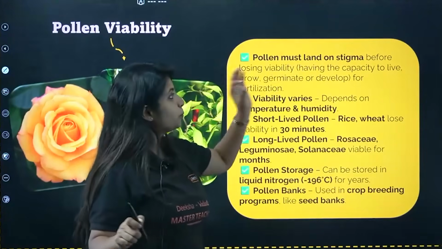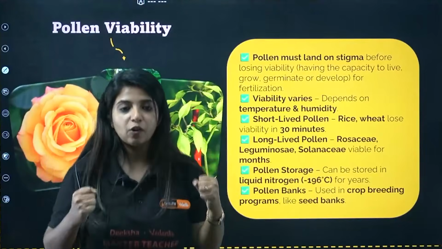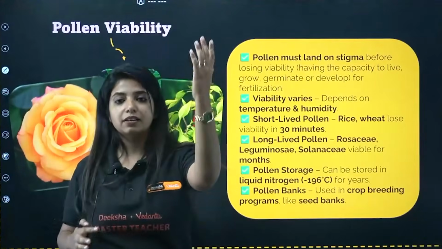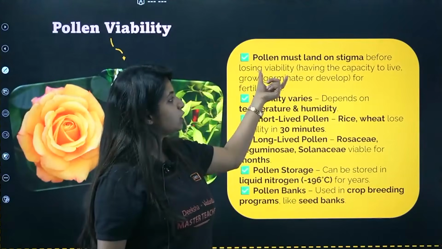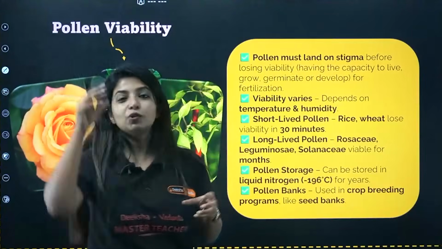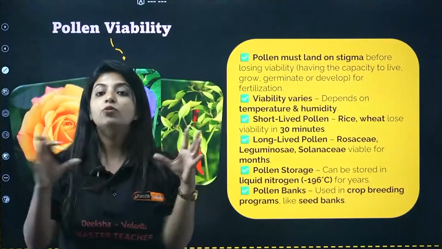Before losing viability, pollen must land on the stigma before losing its superpower of forming the pollen tube and transferring the male gametes within. Viability is having the capacity to live, to grow, to germinate, as in to form the pollen tube and do the process of fertilization.